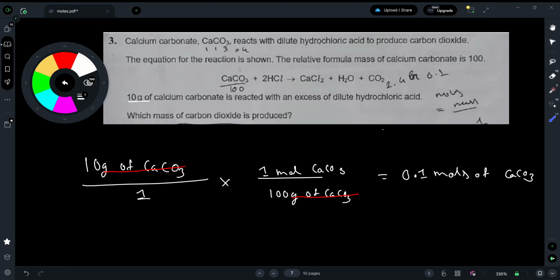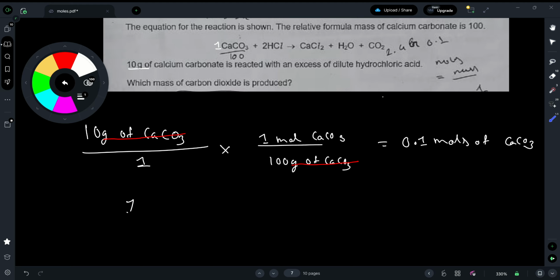Now, just like in empirical and molecular formulas, you can't just divide mass. We have to take the ratio of moles. So if you look at the equation, if you react one calcium carbonate with 2 hydrochloric acid, you get 1 calcium chloride plus 1 water and 1 molecule of carbon dioxide.